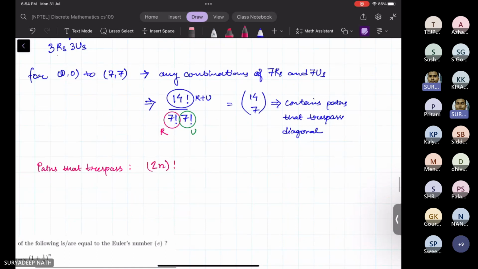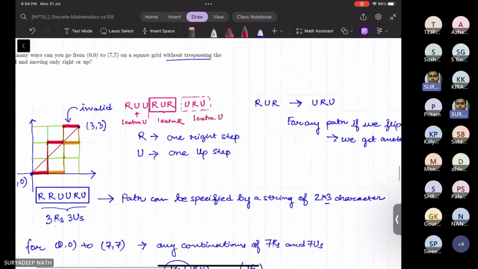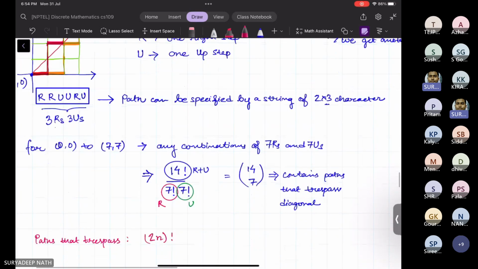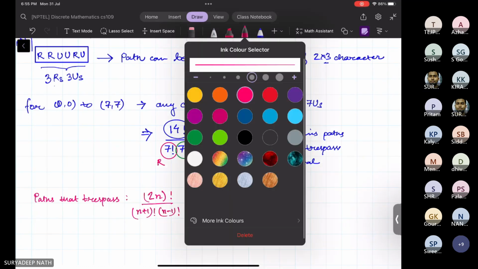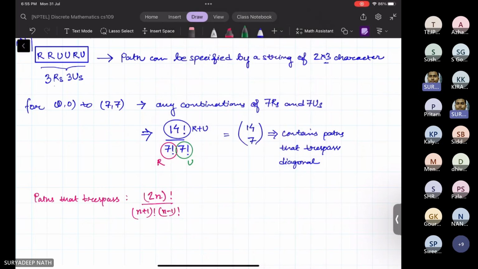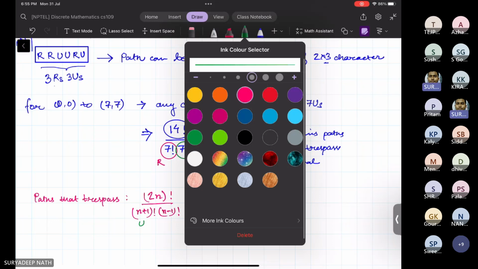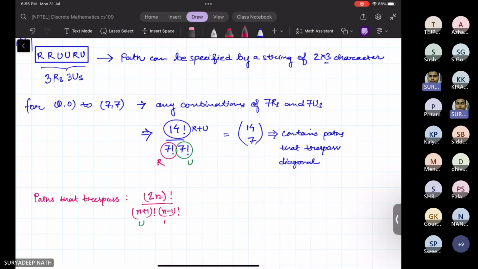So we have 2n factorial on top. Even if we flip it, the 2n numbers will be fixed, but we have n plus 1 U and n minus 1 R. Let me write it: this is for U and this is for R. That is the number of paths that will trespass.